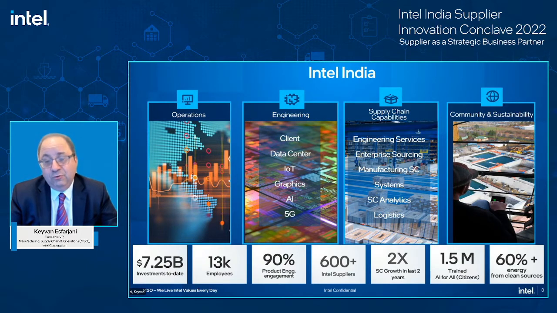And we grew our supply chain capability by 2 times in the last 2 years. And you heard earlier, our ambitions are even more, right, moving forward to 10x. And of course, being a leader, with that comes responsibility. And the support for the community and sustainability is also at the heart of what we do.